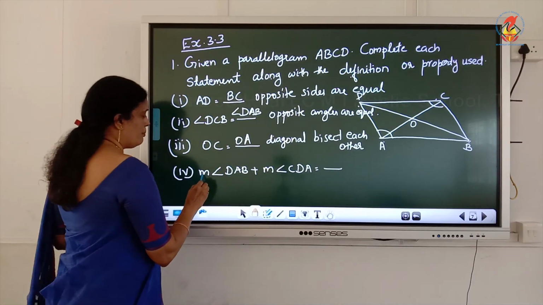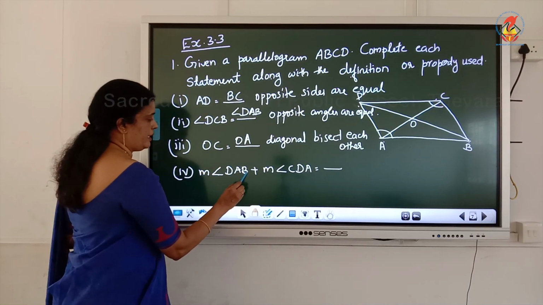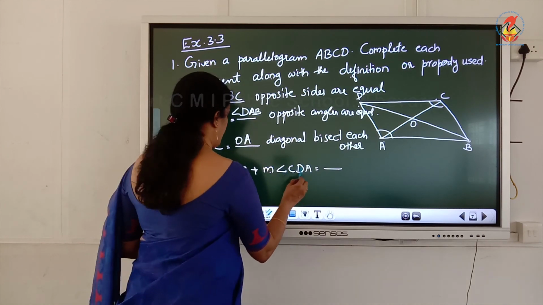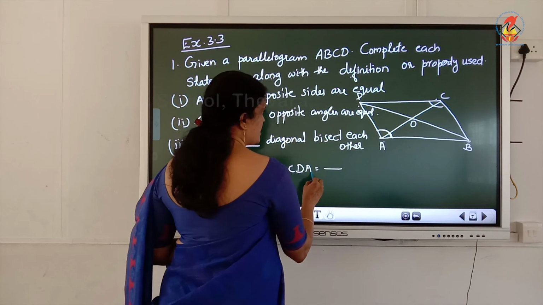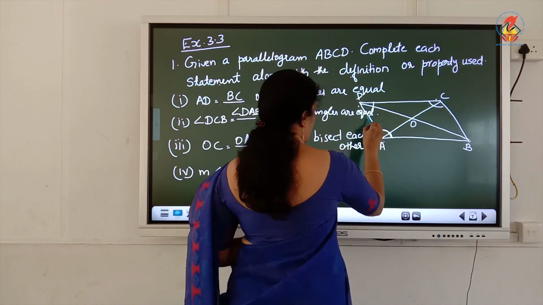Next one, measure of angle DAB plus measure of angle CDA. Angle DAB, this angle.